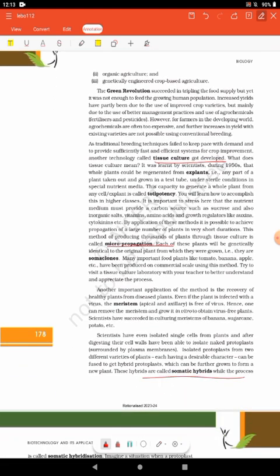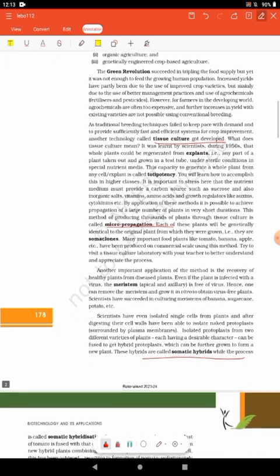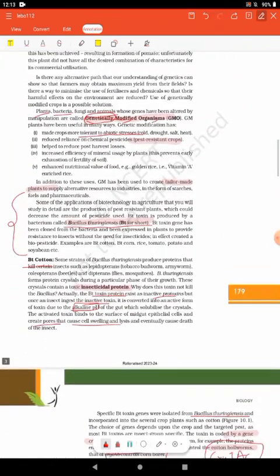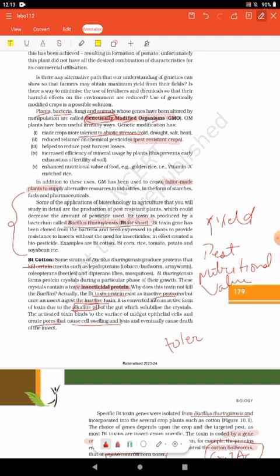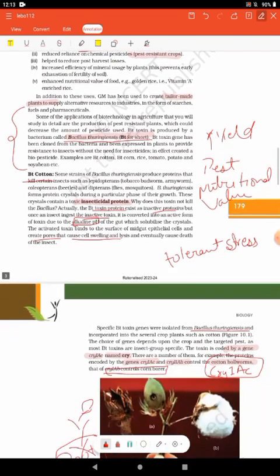Then somatic hybrids, and finally genetically modified organisms, used for increasing the yield, making plants pest resistant, increasing the nutritional value of the crop, and also making the plant tolerant to various types of stresses, whether biotic or abiotic. So these are the applications of biotechnology in agriculture.